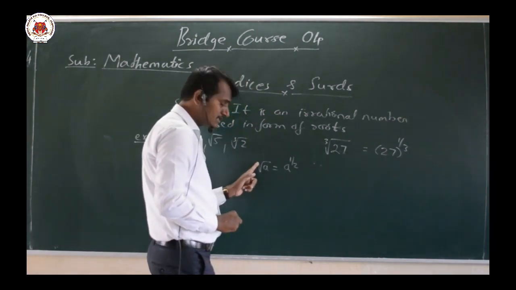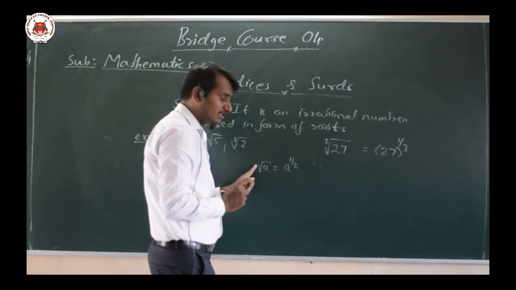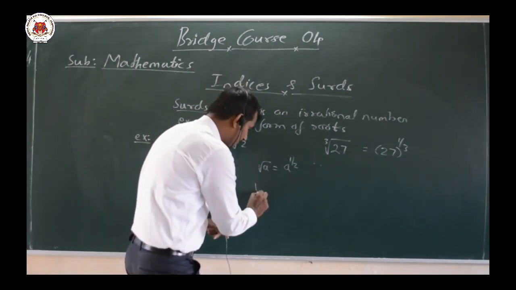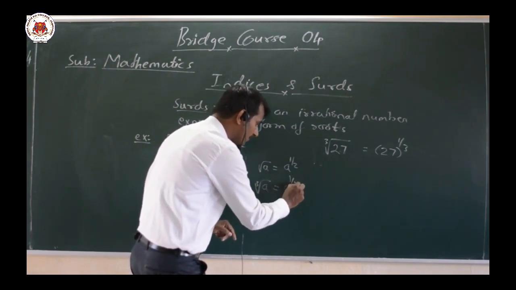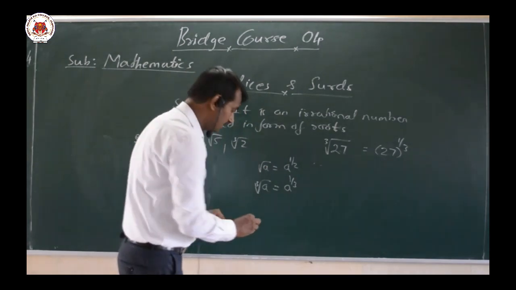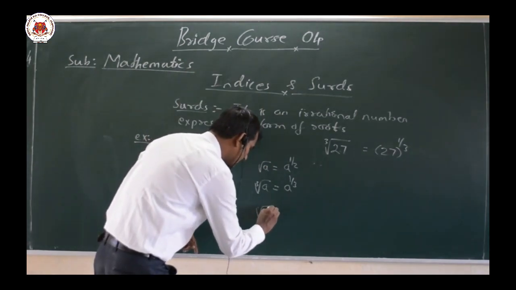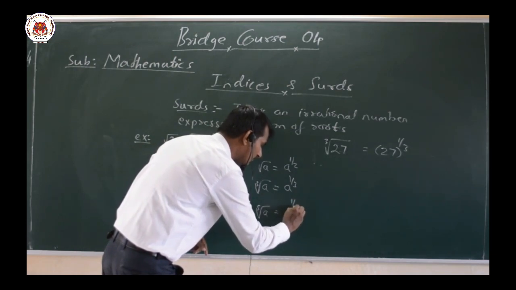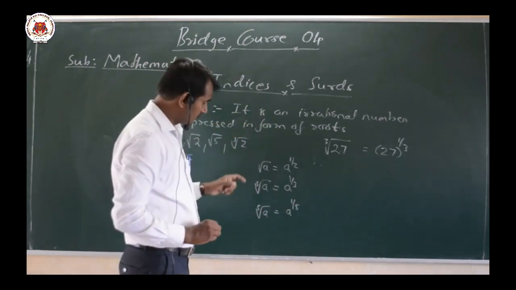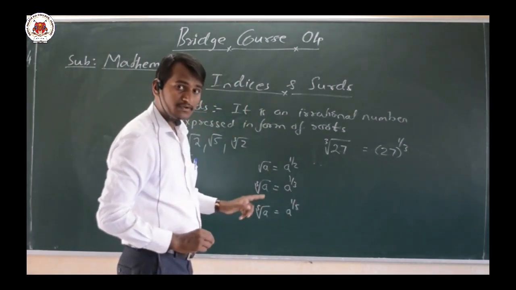If nothing is written, it is the square root. If 3 is written, that is a to the power of 1 by 3. If 5 is written, that is a to the power of 1 by 5. Is it clear? Square root, cube root, fourth root, fifth root, and so on.